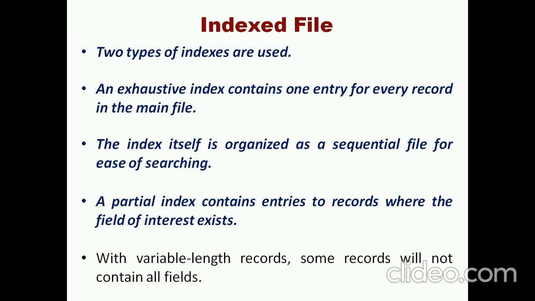It uses two indexes, an exhaustive index and a partial index. The exhaustive index points into the main file, and the index itself is organized in sequential order, whereas the partial index contains entries only for records where the fields of interest exist.